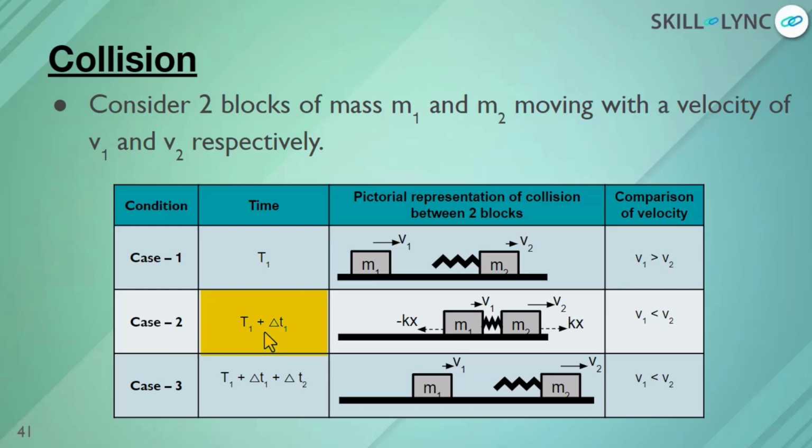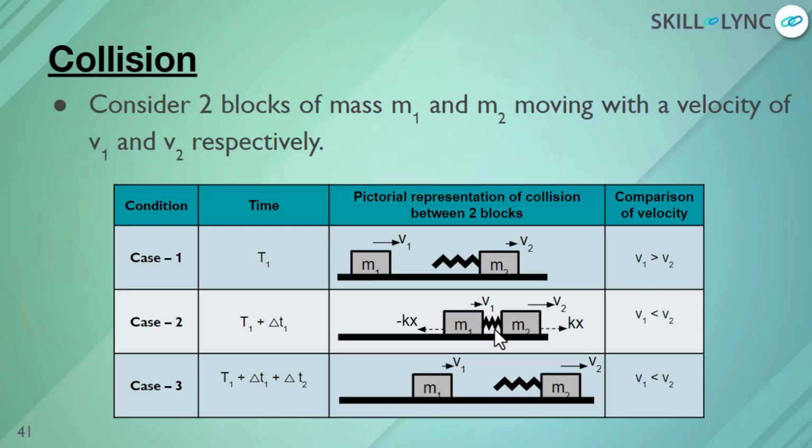In the second case, when time is t1 plus del t1, due to the higher velocity of object 1, this object collides with the second object at time t1 plus del t1. Such will be the representation of the system, that object 1 is colliding with object 2.